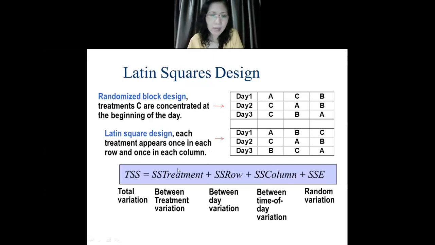So now the total sum of squares, the total variation, is partitioned into between treatment variation, between day variation, the additional one, between time of the day variation, and unknown or random variation.